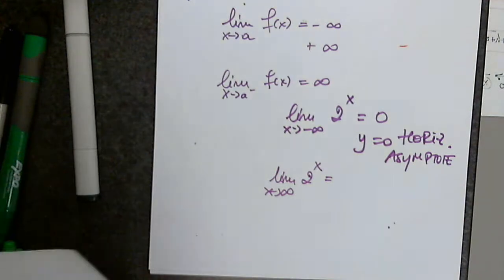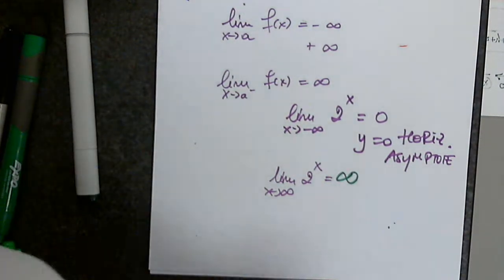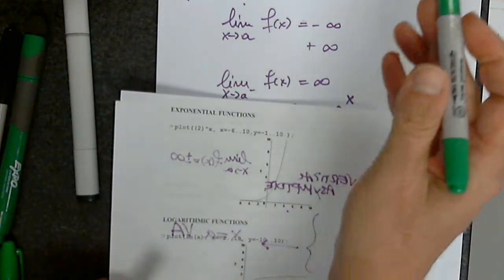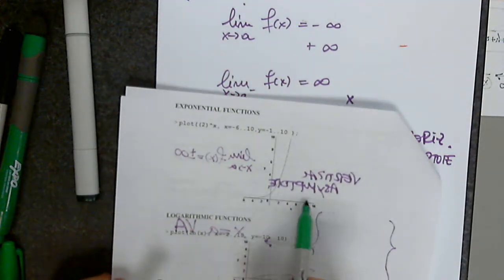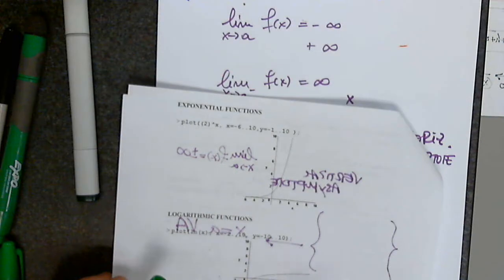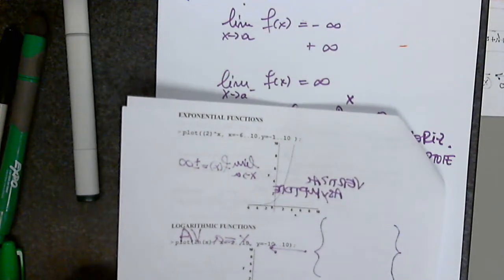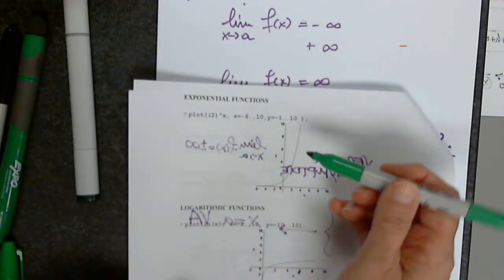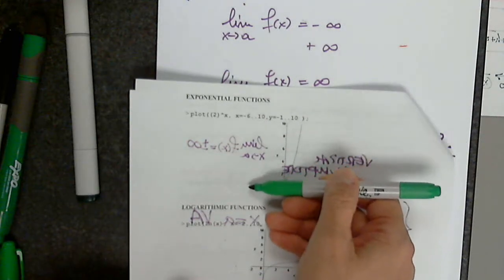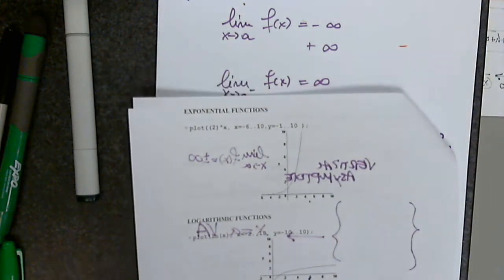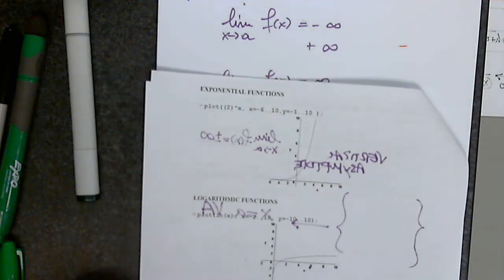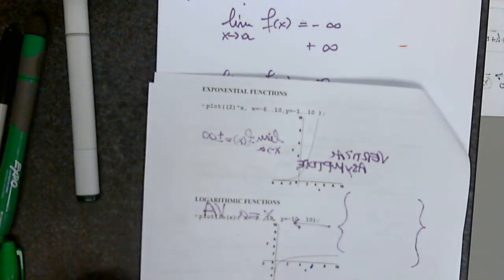Of course, the limit is infinity. Look at the graph. It goes up forever. As x approaches negative infinity, the function values get closer and closer to 0, which makes y equals 0 a horizontal asymptote. Do we all see it?